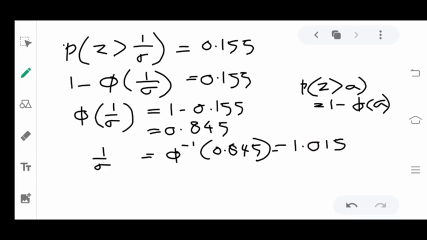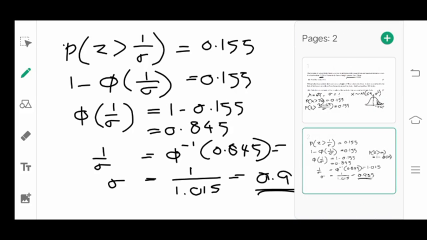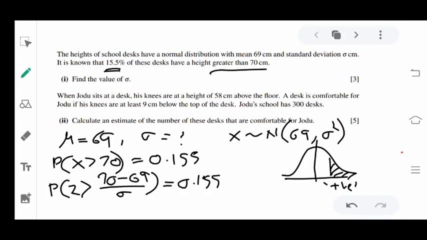So 1 by sigma is 1.015, or sigma is the reciprocal of 1.015, which is 0.985. So we get the standard deviation as 0.985.